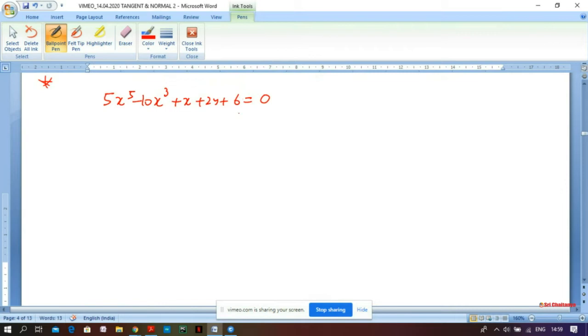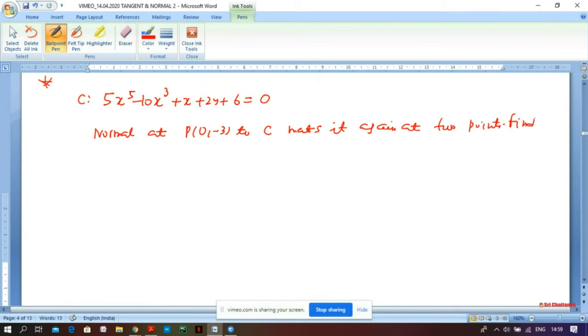This is the curve, and you are given that the normal at P (0, -3) to this curve C meets the curve C again at 2 points. So your job is to find these points. Now they are saying 2 points. We are not saying what kind of points, so we'll debate on this 2, whether it is 2 or more.